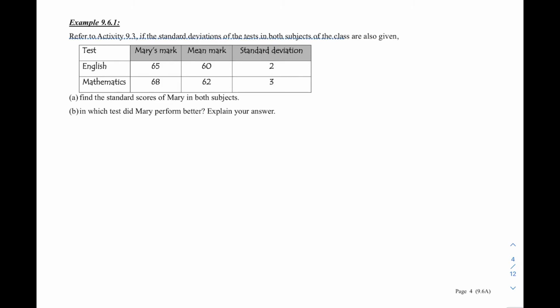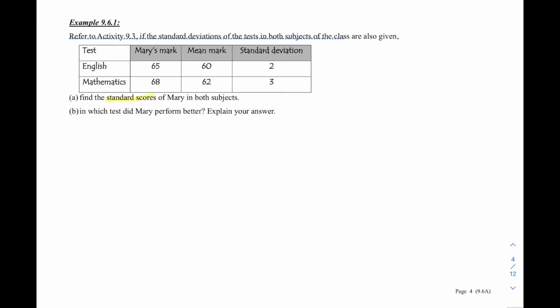Let's study one example, 9.6.1. Here, refer to the previous activity. Now, the standard deviations of the tests in both subjects are given. A. Could you find the standard scores of Mary in English and mathematics? Here, you are asked to find the standard score.